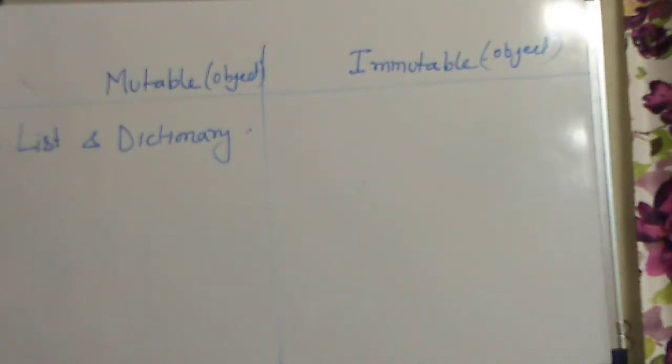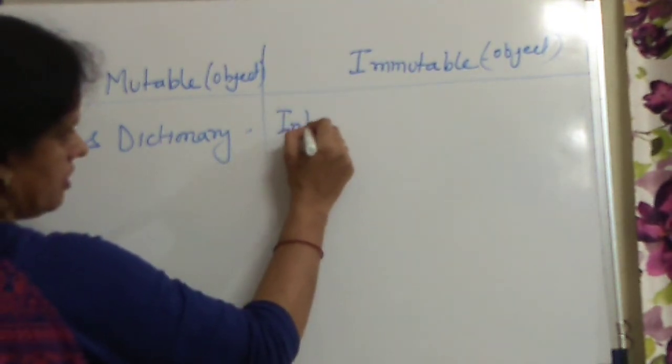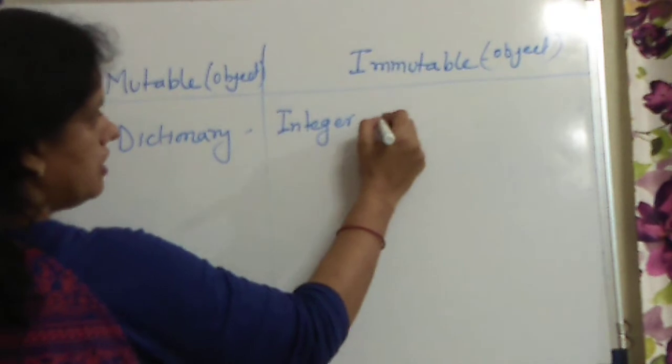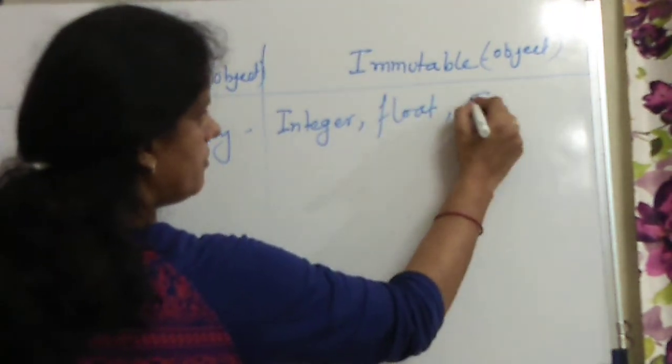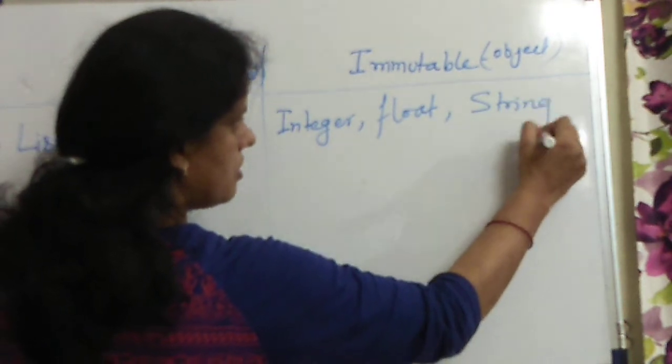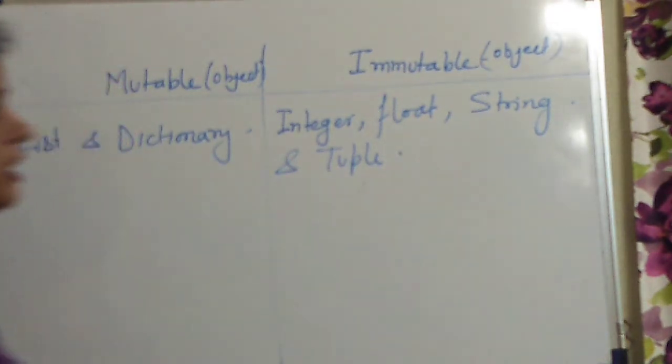List and dictionary are mutable, and integer, float, string and tuple are immutable, meaning they do not change their location.